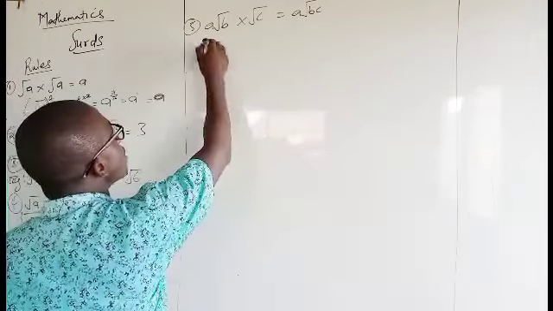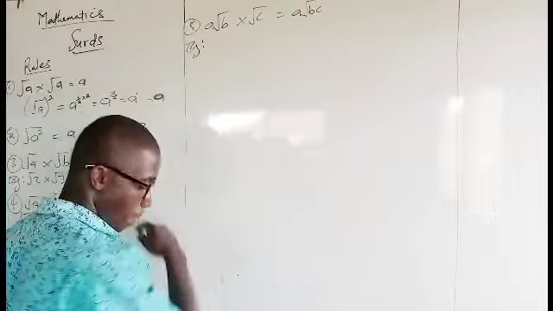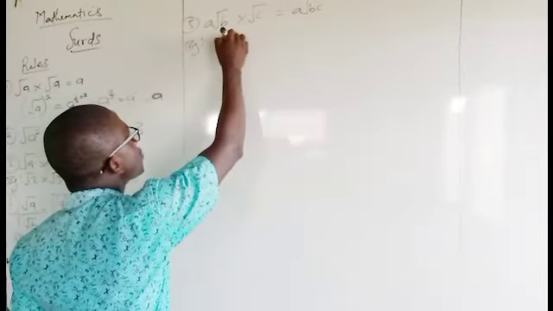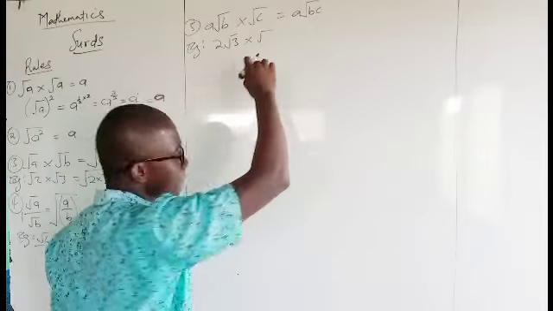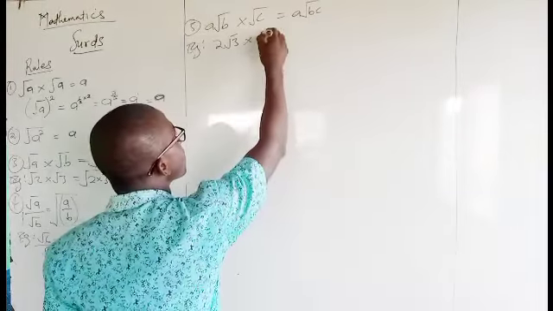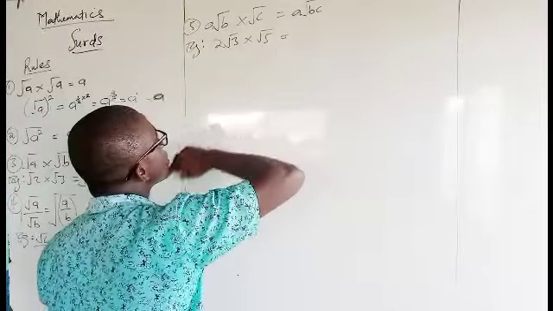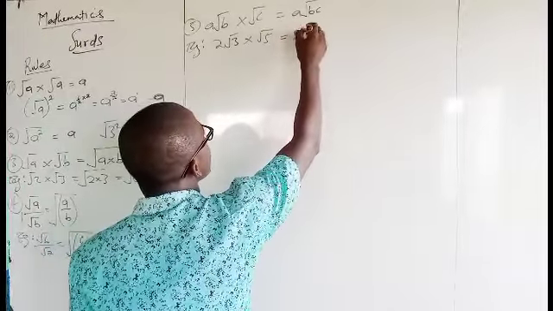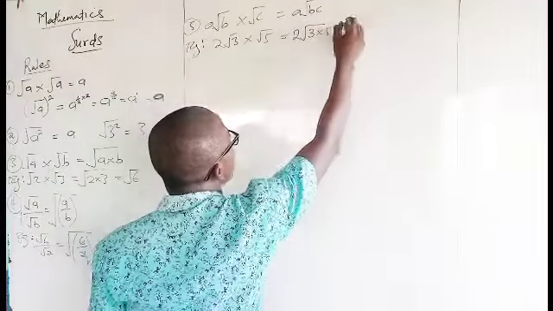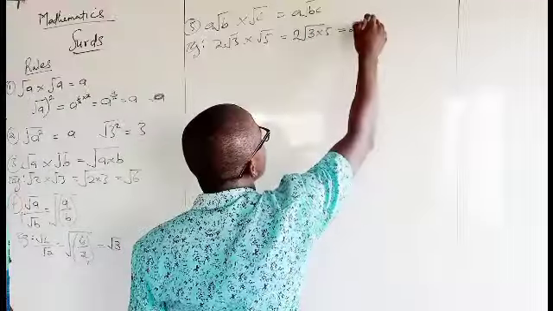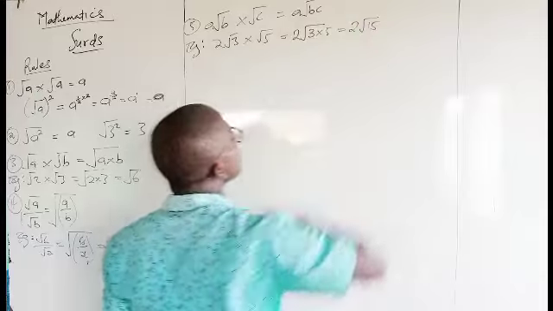So let's say for example we have 2 root 3 times root of 5, right? Root of 5. So this will be 2, then 3 times 5. So that will be 2 root 15.